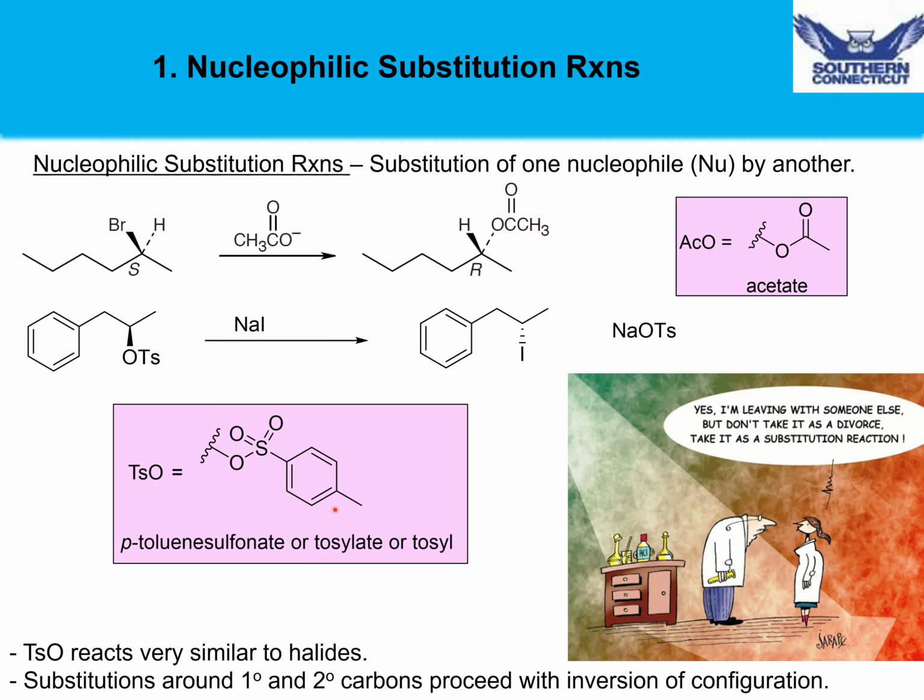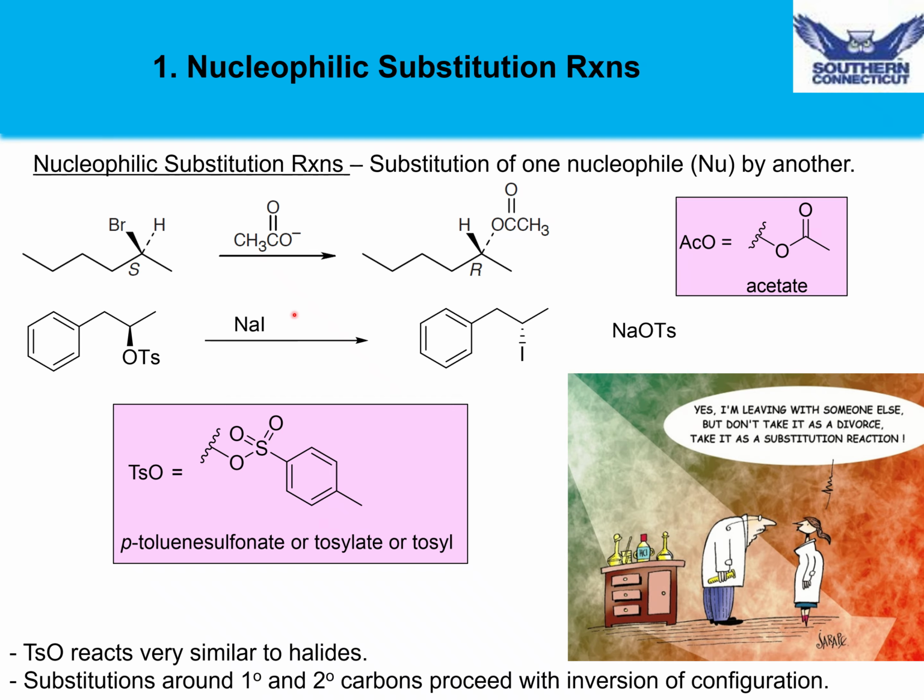The tosylate group overall basically behaves like many halides as far as being an excellent leaving group. So we can replace them by a nucleophile attacking the same carbon that contains the tosylate, and similarly to what we saw with the bromide in the first example on this slide.